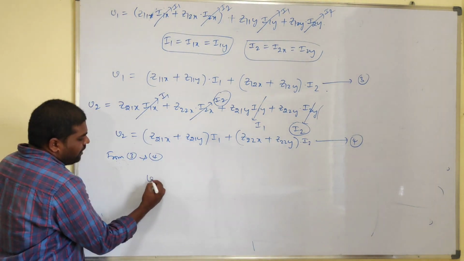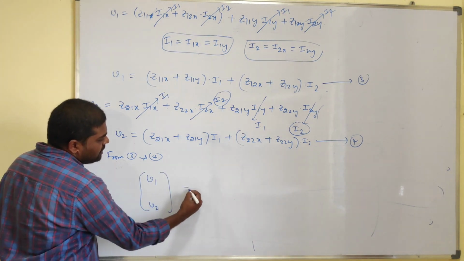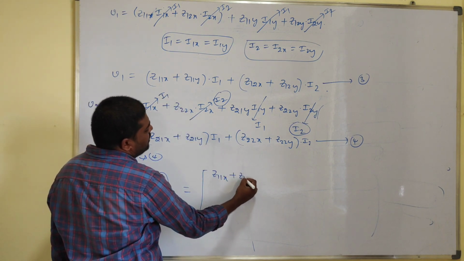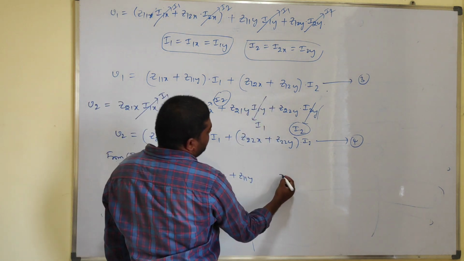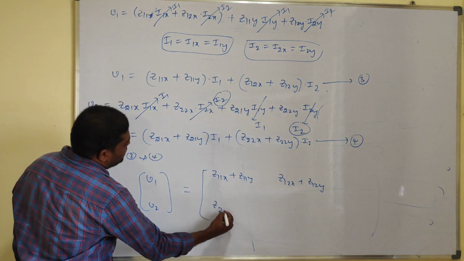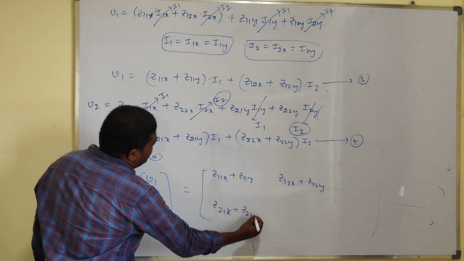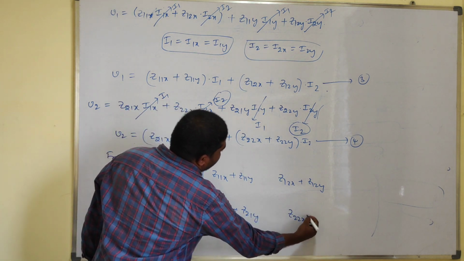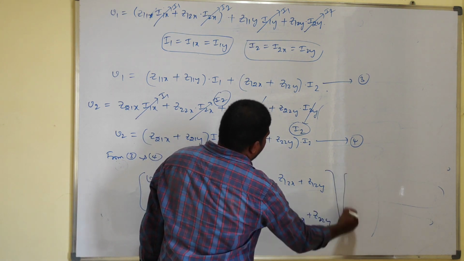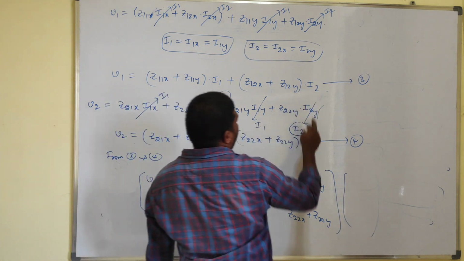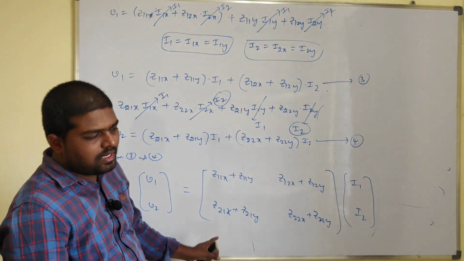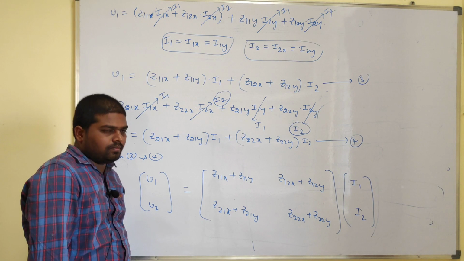So V1, V2 equals: the first parameter is Z11x plus Z11y, the second is Z12x plus Z12y, and from the second expression Z21x plus Z21y, and Z22x plus Z22y, and the variables are I1 and I2. So these are the two-port parameters for series interconnection of two-port networks.